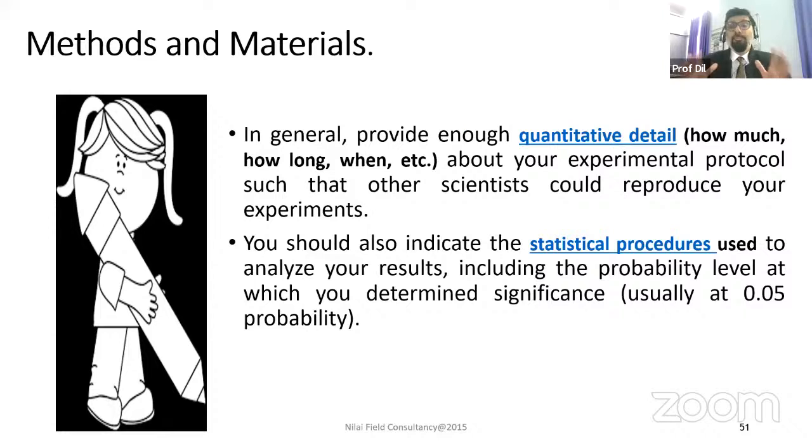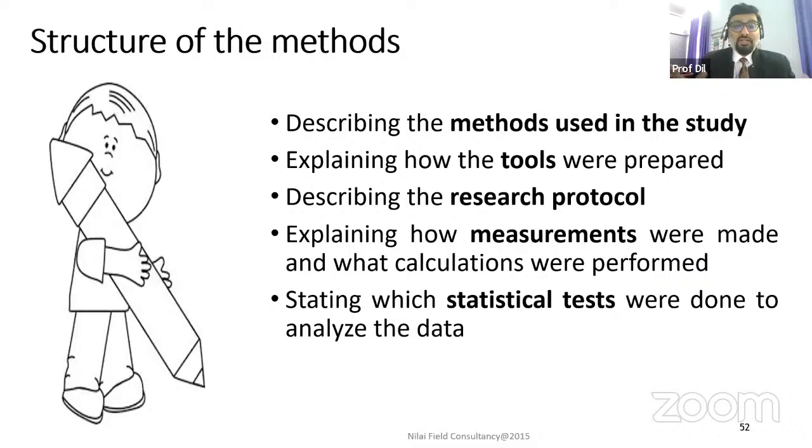So this particular area is very, very complicated. How much, how long, when, all this data connected with your experimentation, we need it, and all the statistical procedures, we need it. So what are the factors we need to look into in the structure of the methods?